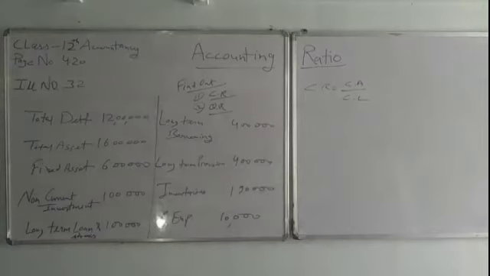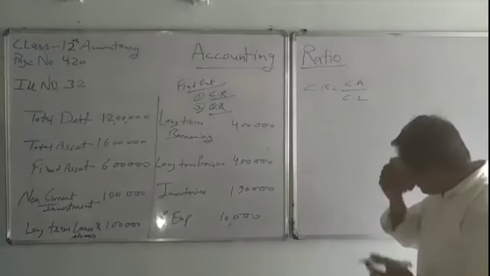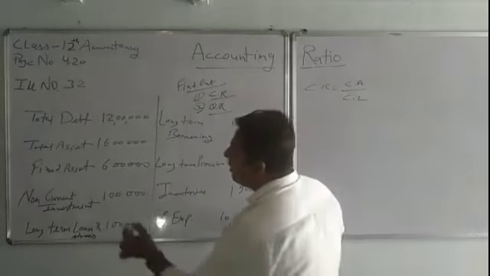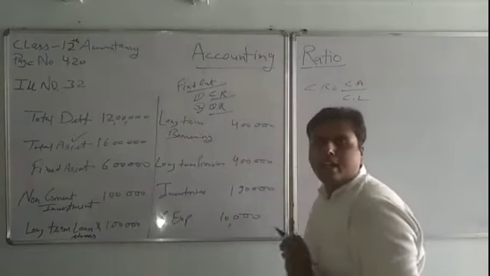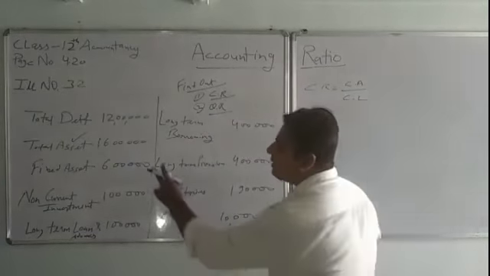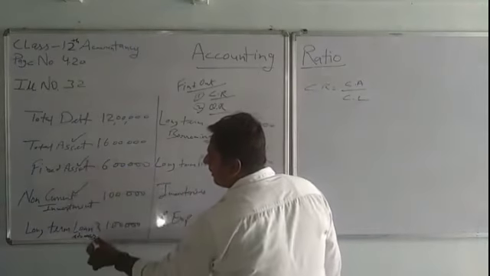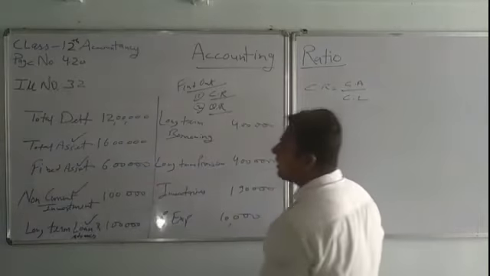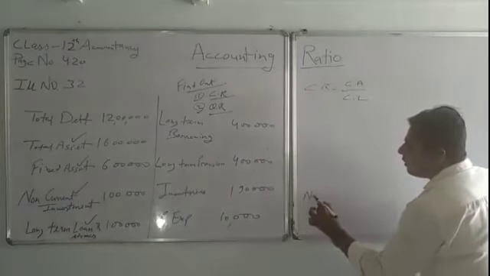Now, what are the current assets here? Total asset is given to us. It is a clue given, not directly given current asset. So total asset is given, fixed asset is given, non-current investment is given, long-term loans and advances are given. So through these we can find out our current asset.